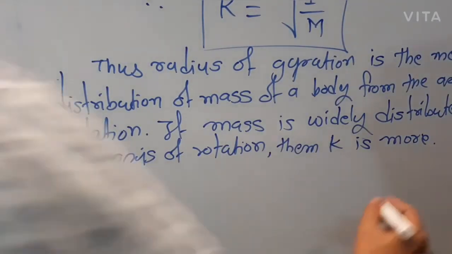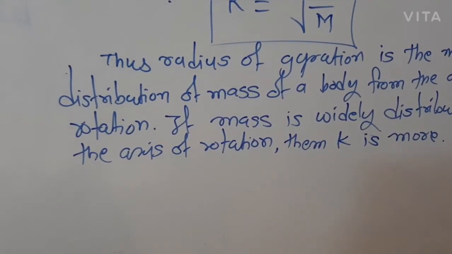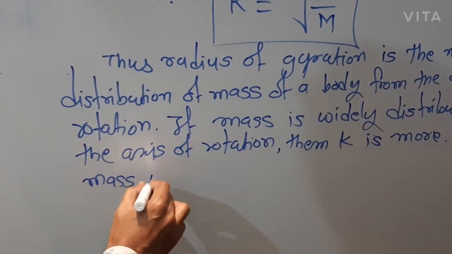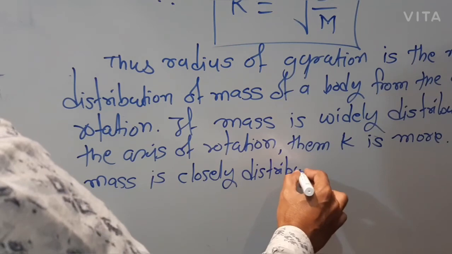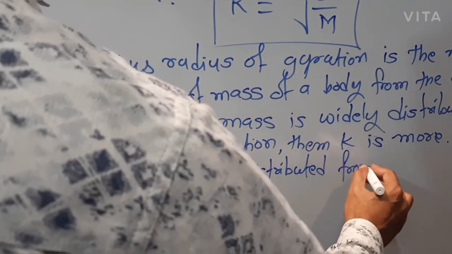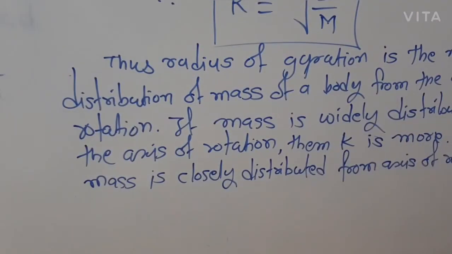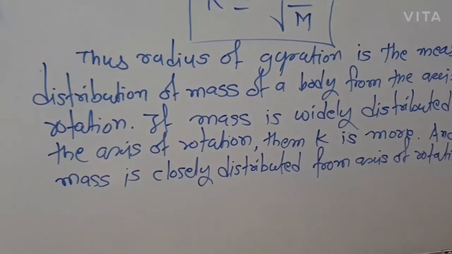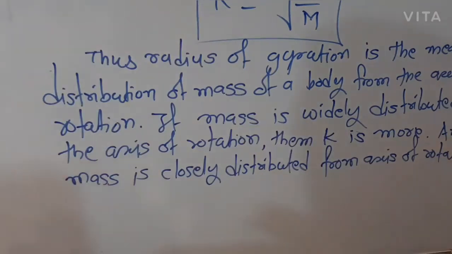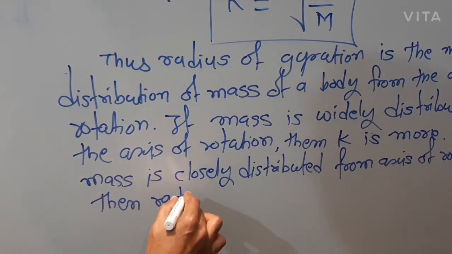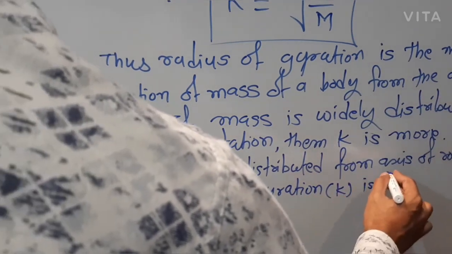And if mass is closely distributed from axis of rotation, write down this, then the radius of gyration K is less.